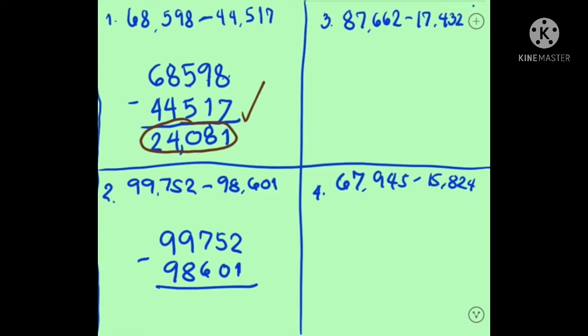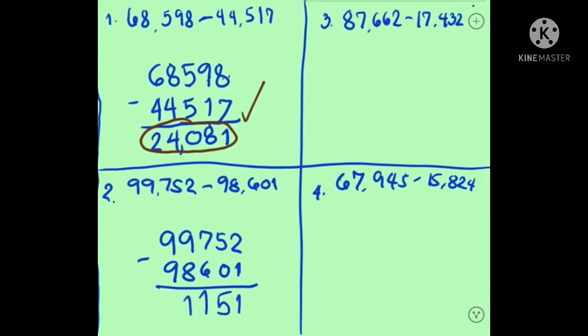And then let us now solve. 2 minus 1. 1. Correct. 5 minus 0. 5. 7 minus 6. That is 1. 9 minus 8. 1. Correct. And then 9 minus 9.